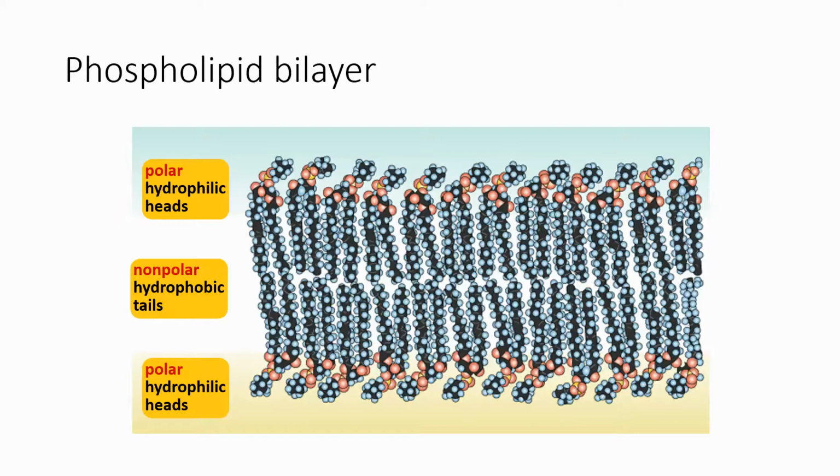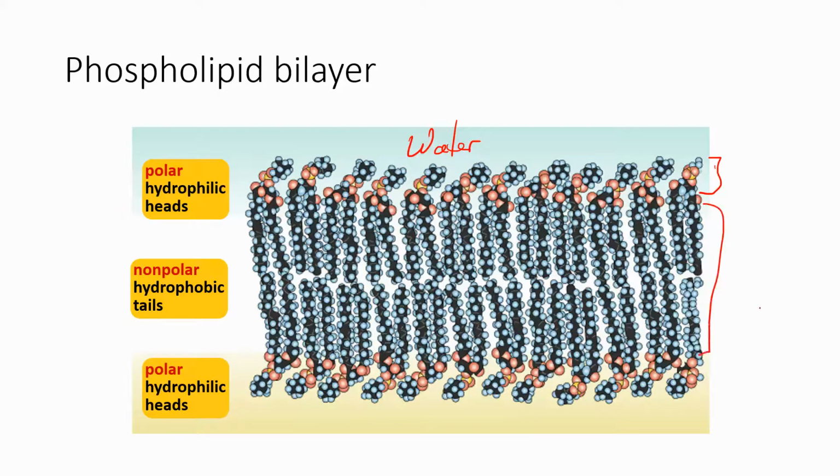What that means is the most prominent formation that occurs when you put a bunch of these phospholipids in water is they'll form this bilayer. Notice at the top here we have polar heads, and this is a watery environment.